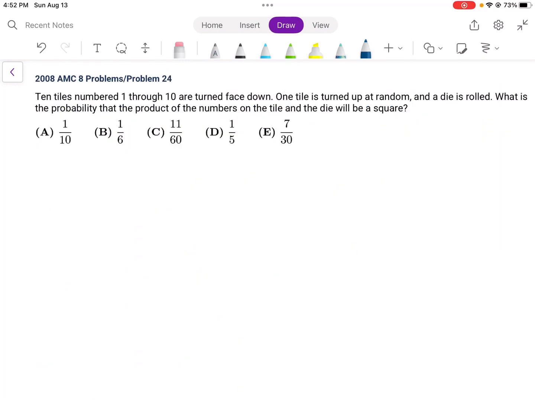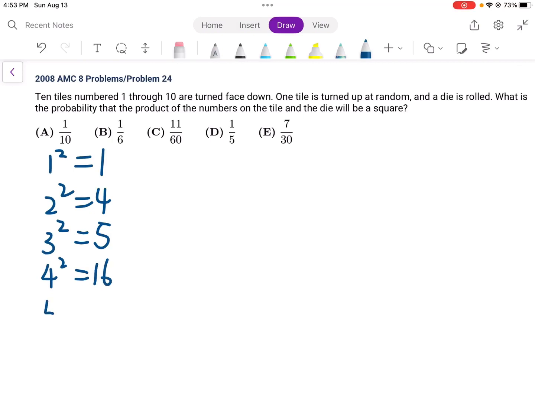Problem 24. Because the die only has numbers from 1 to 6, the product of the numbers on the tile and the die is a square only for squares of 1 to 6. So 1 squared is 1, 2 squared equals 4, 3 squared equals 9, 4 squared is 16, 5 squared equals 25, and 6 squared equals 36.